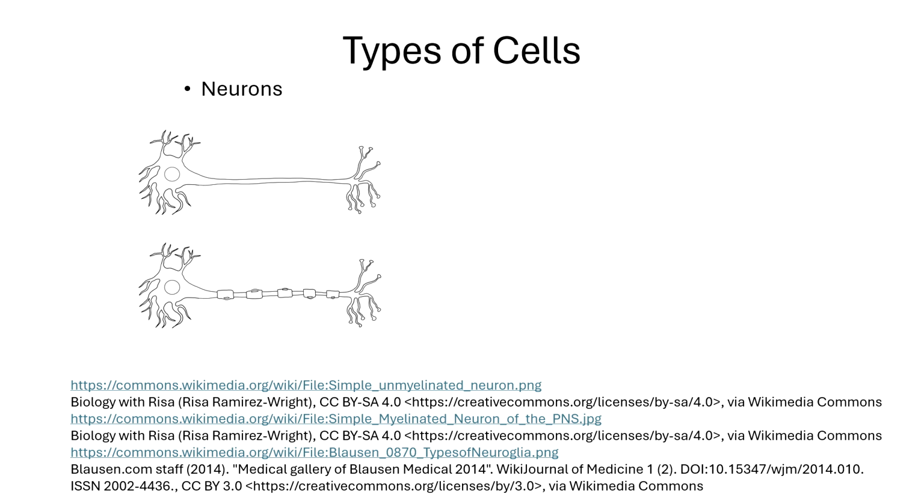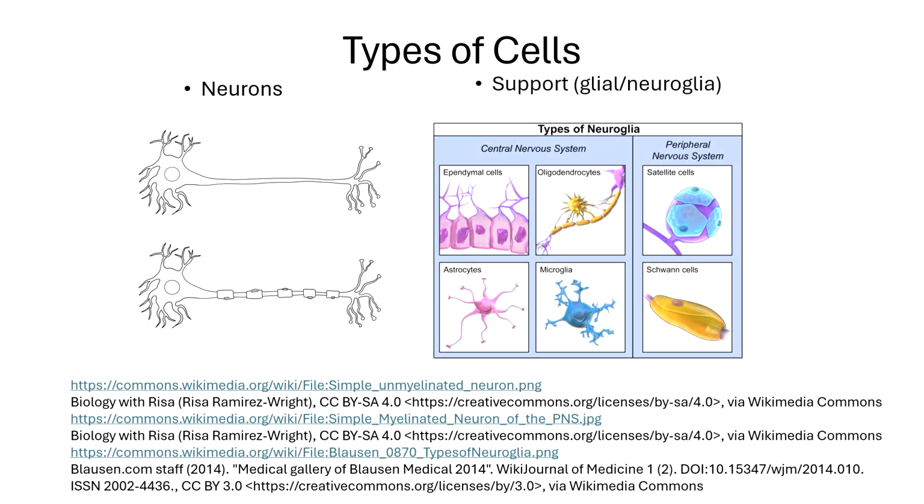Now that's one group of cells. The other group of cells are the support cells, and you may hear them called glial cells or neuroglia, either in this video or future videos, or you may have heard them from specialists like your neurologist or your doctor. And this group is very diverse, as you can see in this chart, and each of them deserves their own video describing what their jobs are in the nervous system.